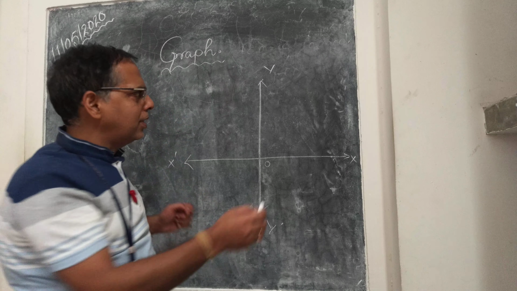Another day I also explained why on the y-axis the top part is positive and the down part is negative. Because we are moving in the anti-clockwise direction, and clockwise would be negative. So as we move anti-clockwise, this is the positive part and this is the negative part.